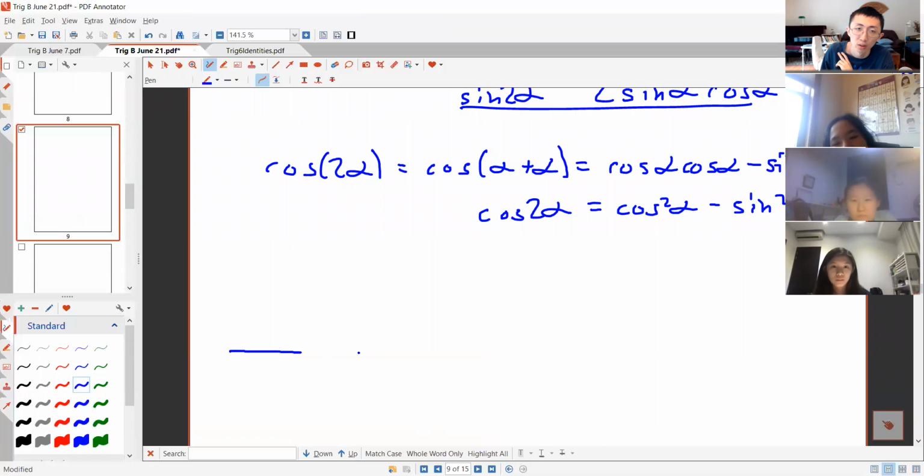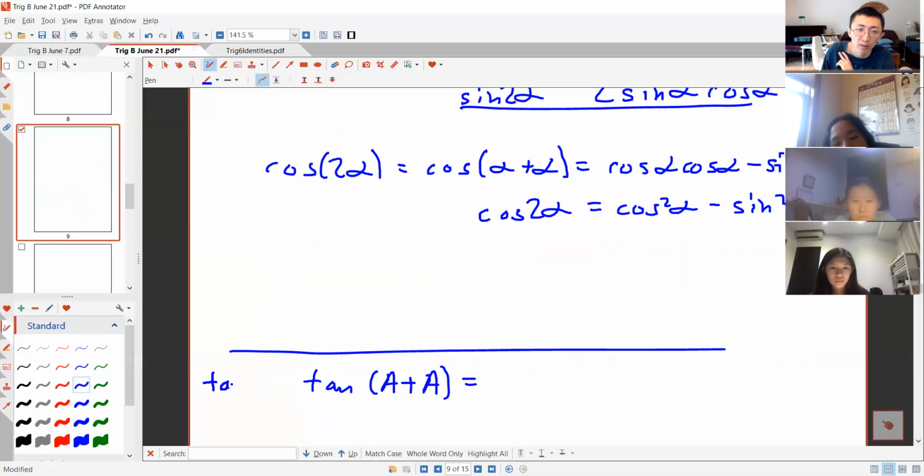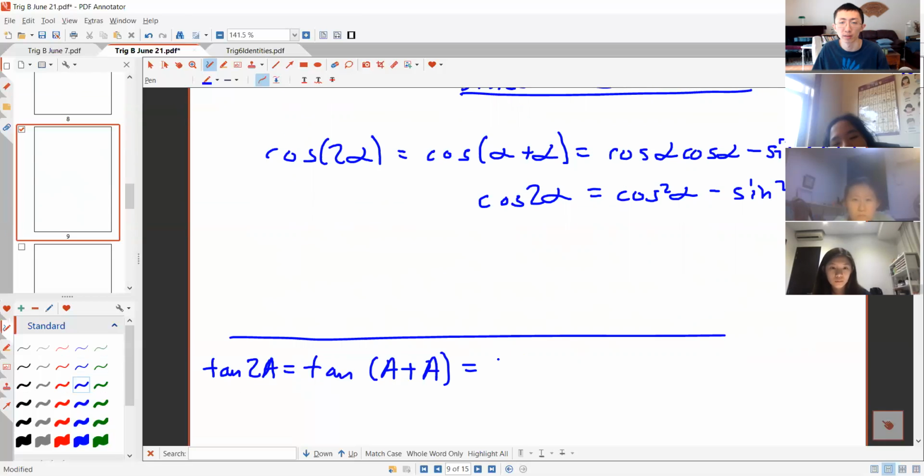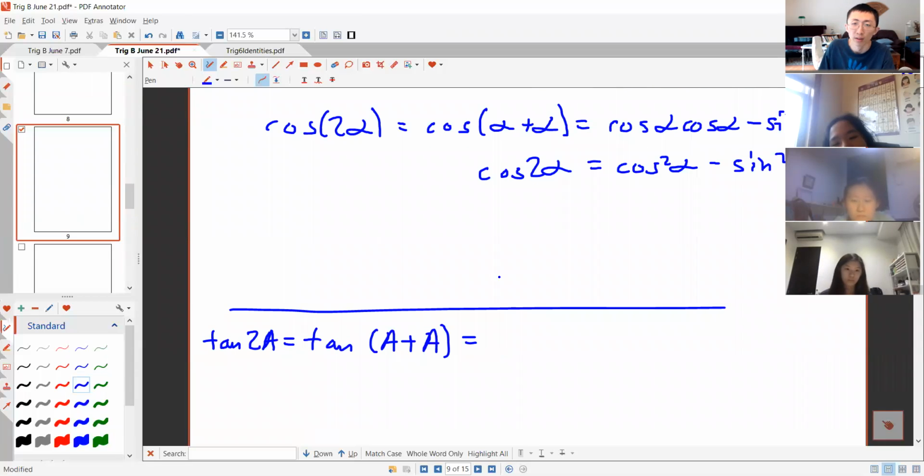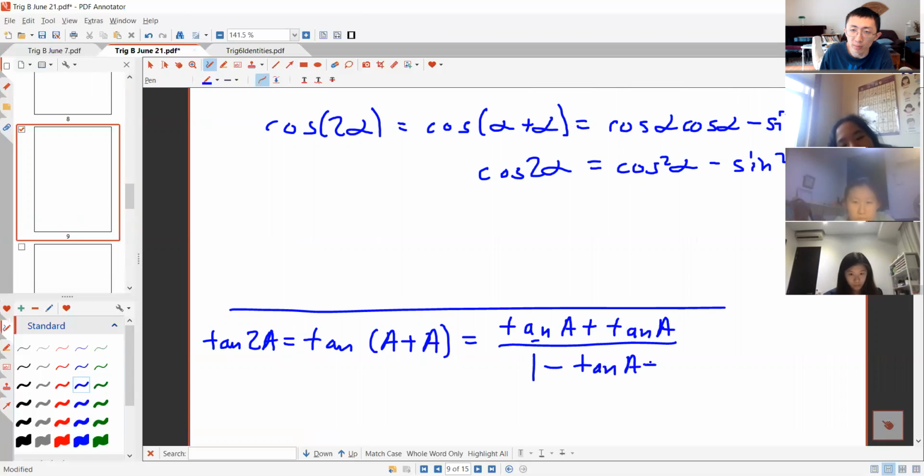Okay. What about tangent double angle? I'll just write it out as A plus A. What's that going to be? We'll have tangent A plus tangent B over 1 minus tangent A tangent B. But B is the same as A here.